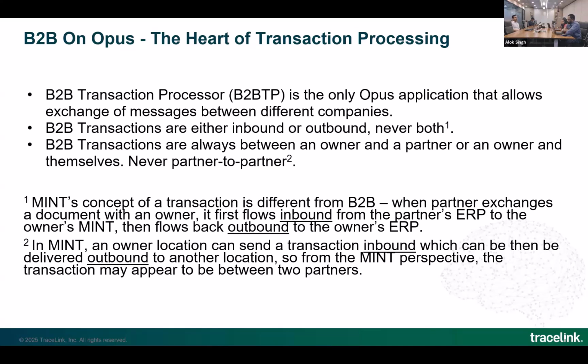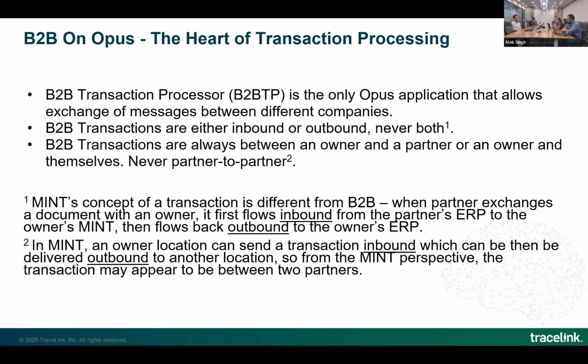Now, B2B transactions are always between an owner and a partner, or owner and themselves, never partner to partner. Partner to partner means a transaction where both the network nodes or both the entities do not own it. So what we are trying to say here is there should be at least one entity which is the owner of Mint.